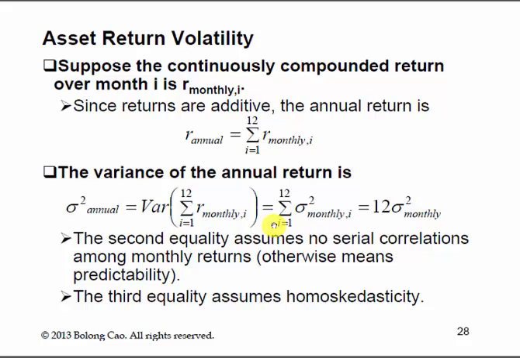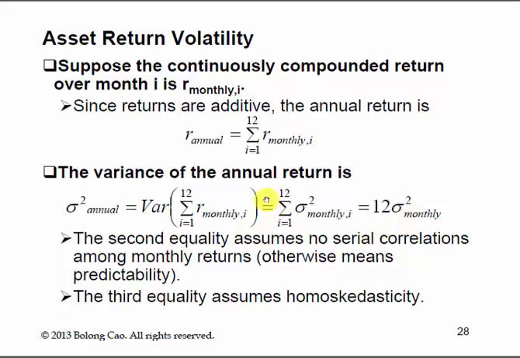There's no cross term. The cross terms are zero, right? The covariances are zero. Once you sum that up, make another assumption saying each month the volatility is the same, right? For every month, the variance is the same. If they are the same number, then the annual variance will be 12 times the monthly variance.